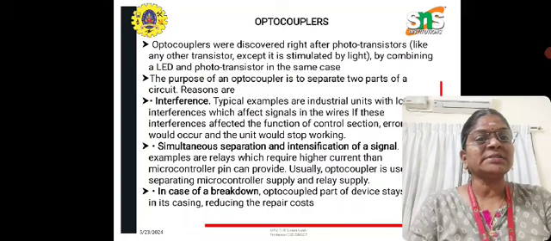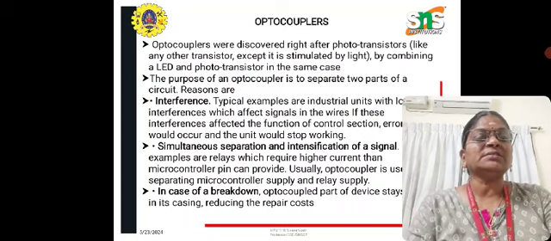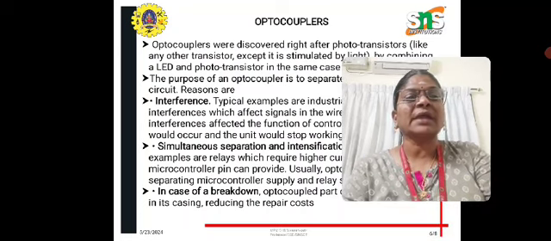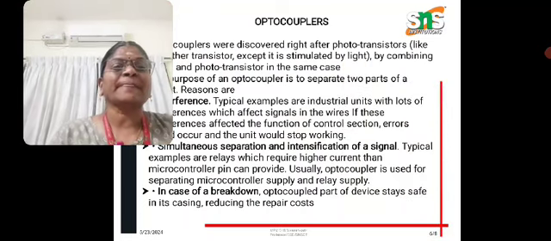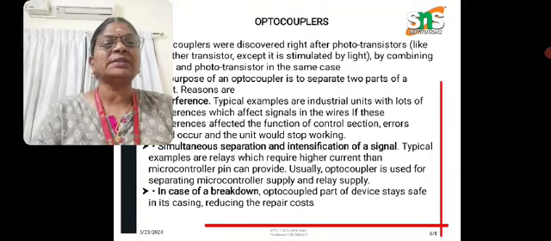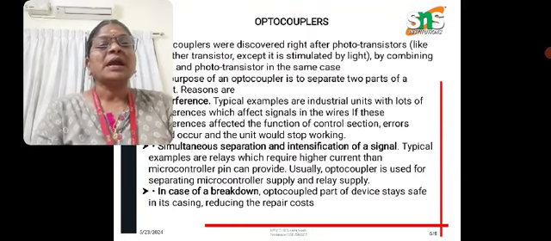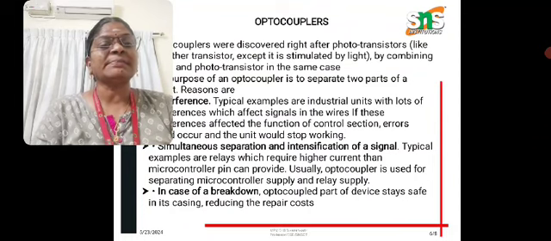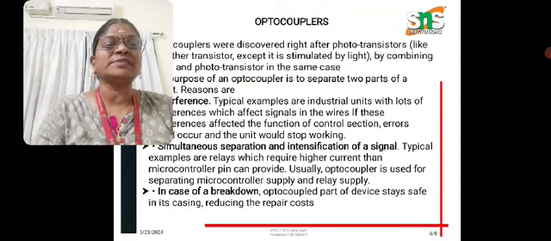First one is interference. Typical examples are industrial units with interference which affects signals in the wires. If this interference affects the function of control sections, then errors occur in the unit, and the unit would stop working. Next one is simultaneous separation and amplification of a signal.